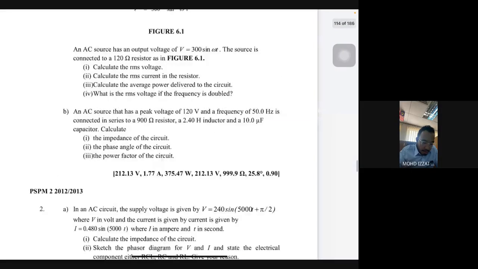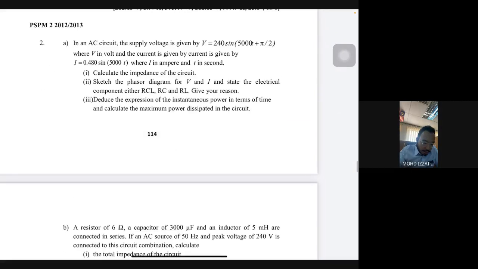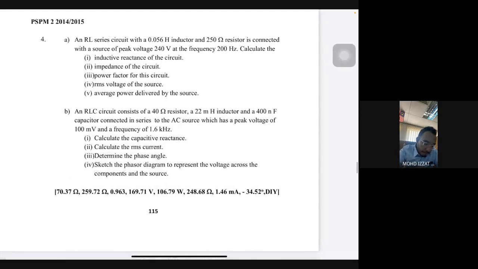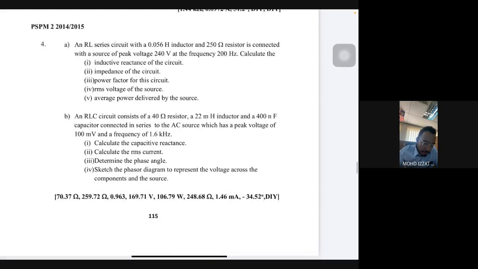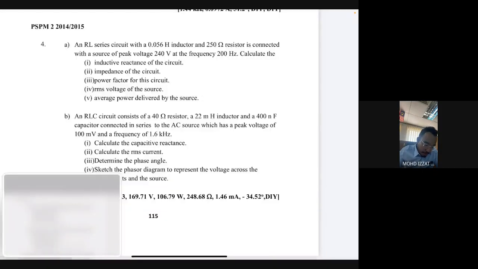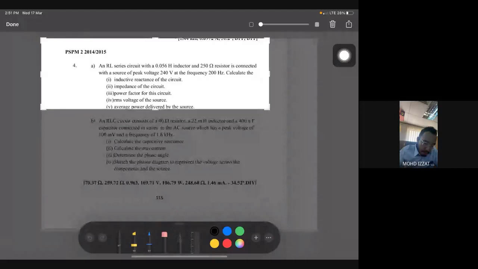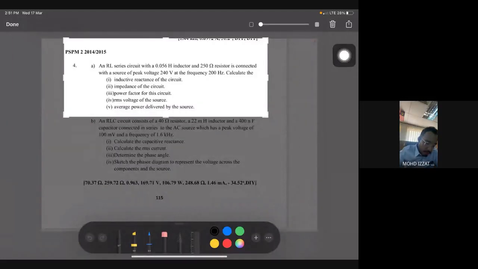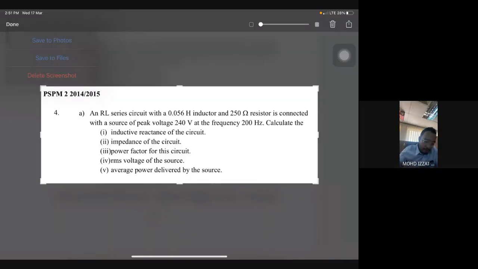Okay, this one is question number 6. We can try to look at question number 4. Jadi kita boleh try bincang dengan question A tu. So PSPM 2014-2015.